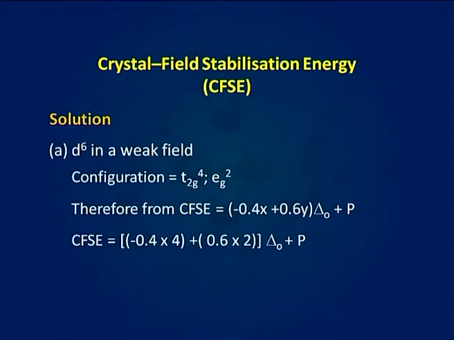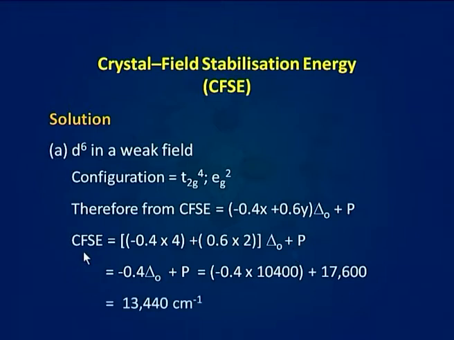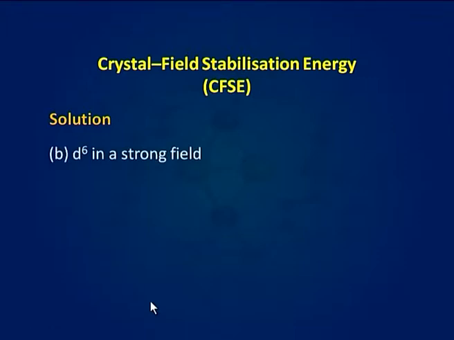Therefore, crystal field stabilization energy is equal to minus (0.4 multiplied by 4 plus 0.6 multiplied by 2) delta O plus P. On putting the values of delta O and P and calculating, you will get the value of crystal field stabilization energy to be equal to 13440 per centimeter.